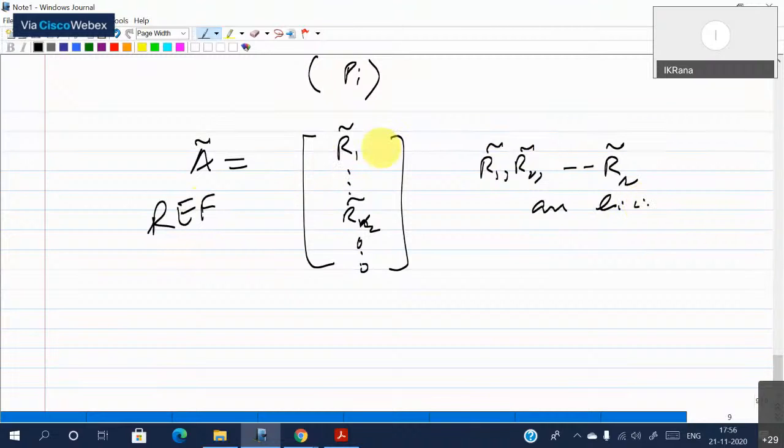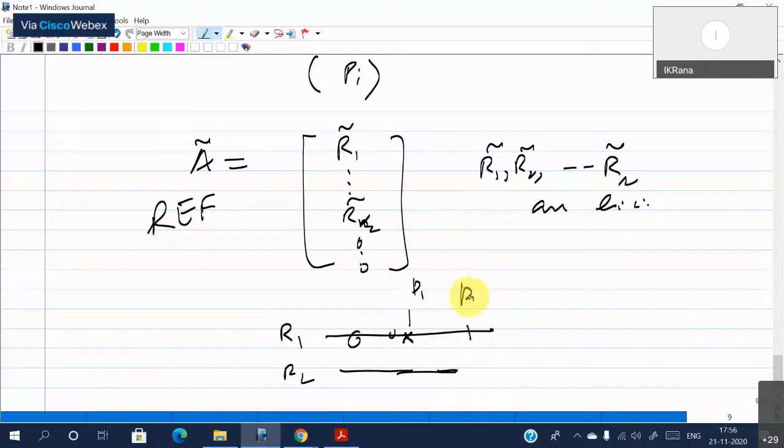Because in that row, if you look at it, everything is 0, and here is 1 at the pivotal column P1 in row 1. In row 2, everything is 0 except at P2. So if I have the sum of alpha i times r i equal to 0, i equal to 1 to r, then I can look at that component.